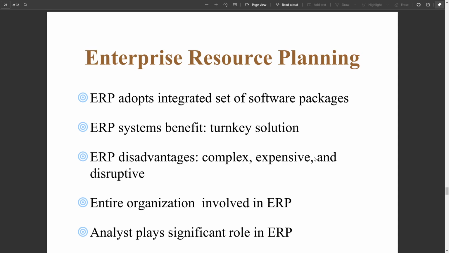It's expensive. The training itself costs a lot. Paano pa yung bayad mo sa subscription mo nun? It would cost millions. And again, it is disruptive. Okay? The entire organization is involved in ERP, and the analyst plays a significant role in the ERP.